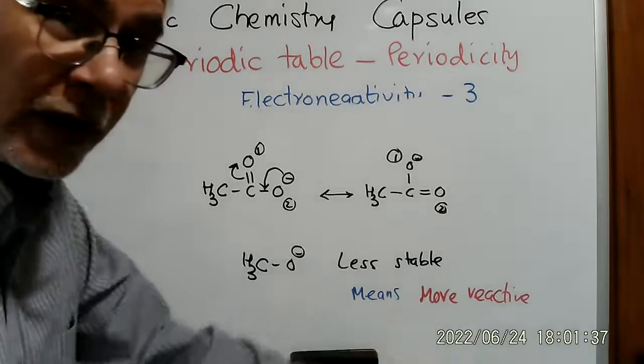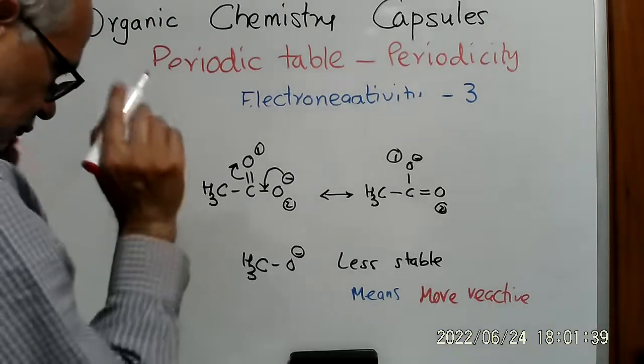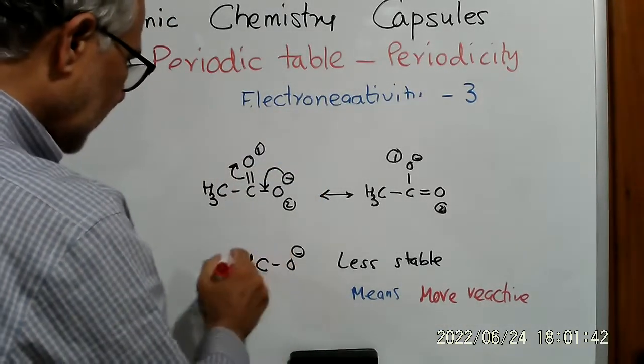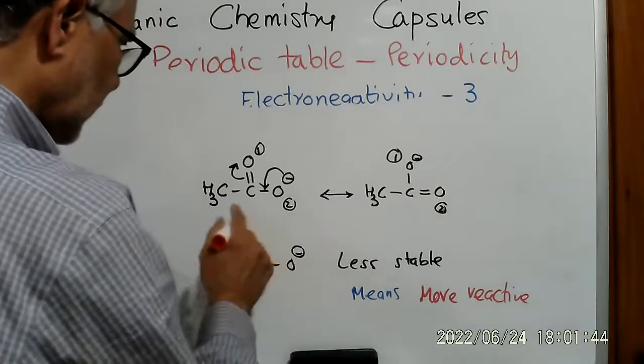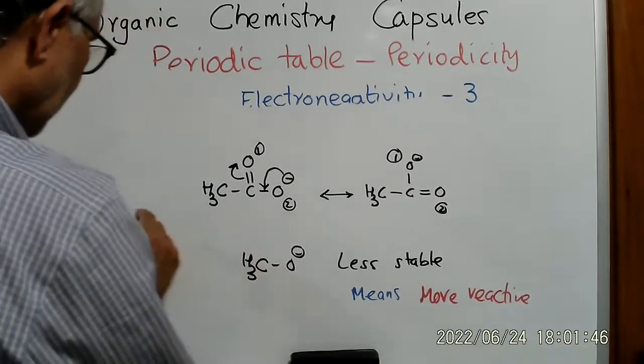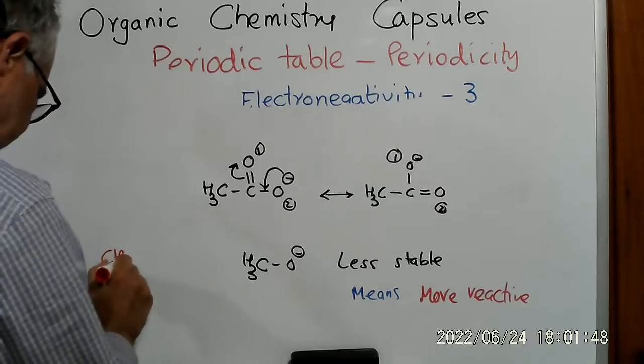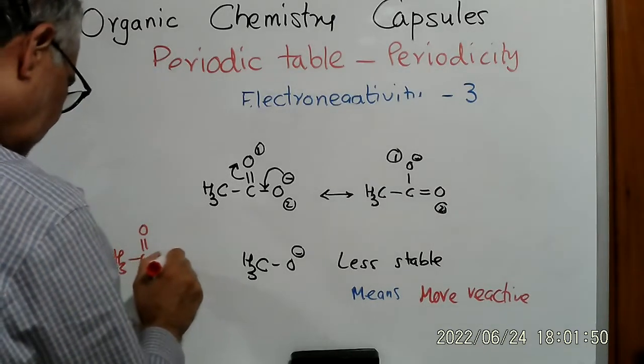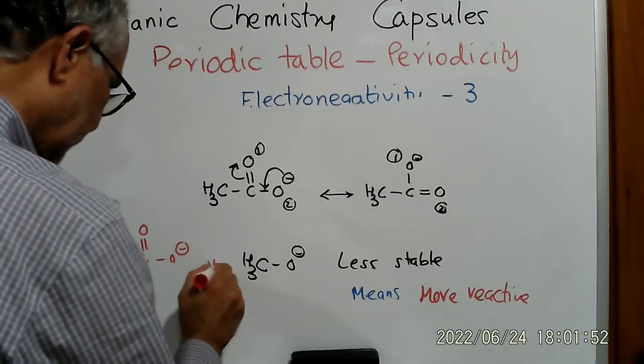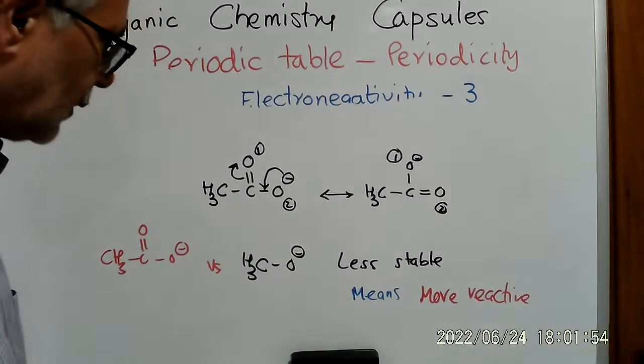And so in this case, we are comparing two ions here, right? CH3 C double bond O minus versus CH3O minus.